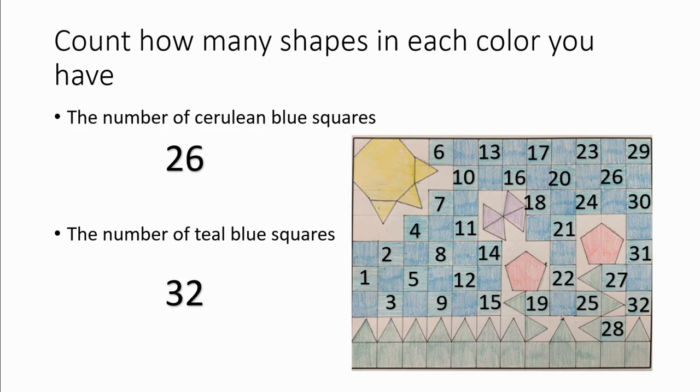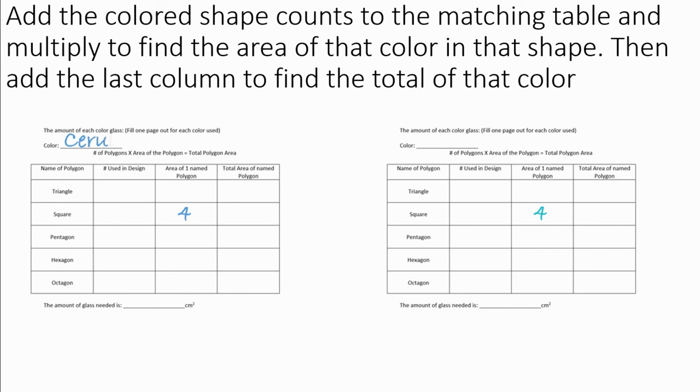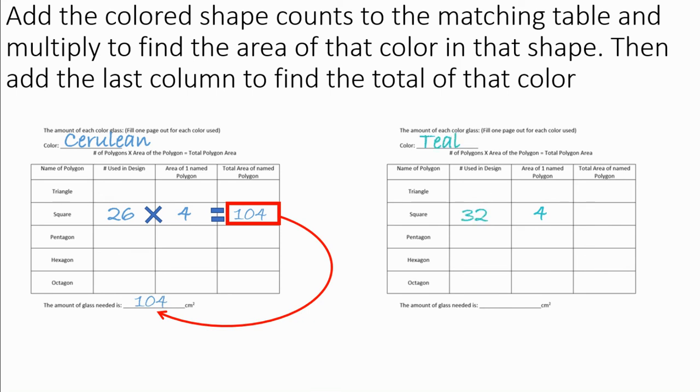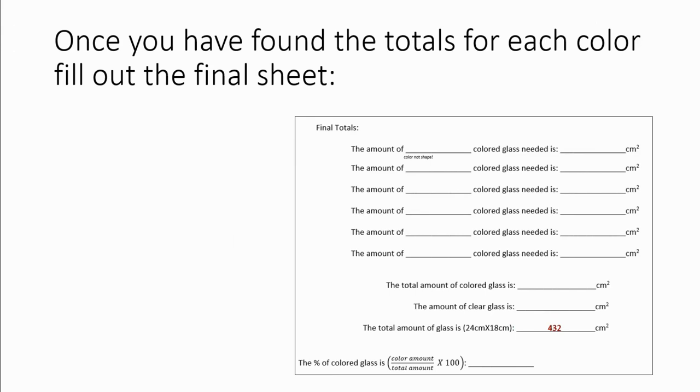So now we'll make a cerulean blue table and a teal blue table. For my cerulean blue squares, there were 26, and 26 times 4 is a total of 104. Since that's the only shape I had in that color, that's how much cerulean blue I will need, 104 square centimeters. I had 32 square tiles of teal, so that's 128. So the amount of teal glass I'll need is 128 square centimeters.